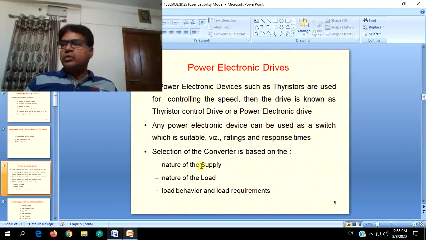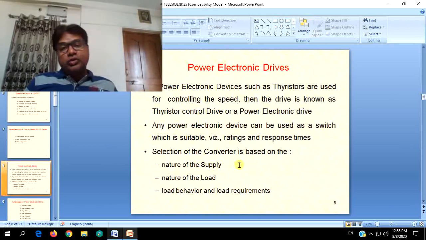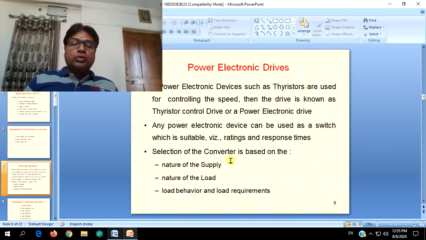So obviously you have to use a rectifier, and after the rectifier you can also use a chopper to further process the rectified DC into the proper DC which suits that particular DC motor.